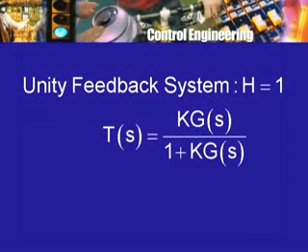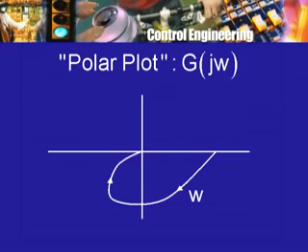It may even be 1, that is what is called a unity feedback system, that is, the output is directly compared with the reference input as we saw earlier. So, we will assume that H is simply 1, and therefore, we are looking at a closed loop transfer function which is given by KG divided by 1 plus KG.